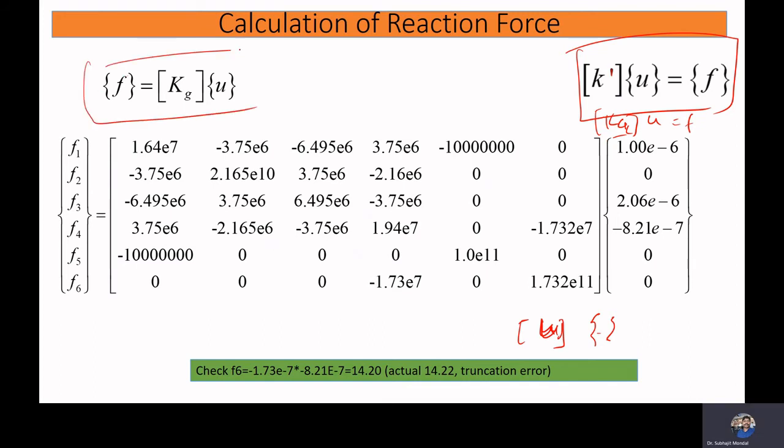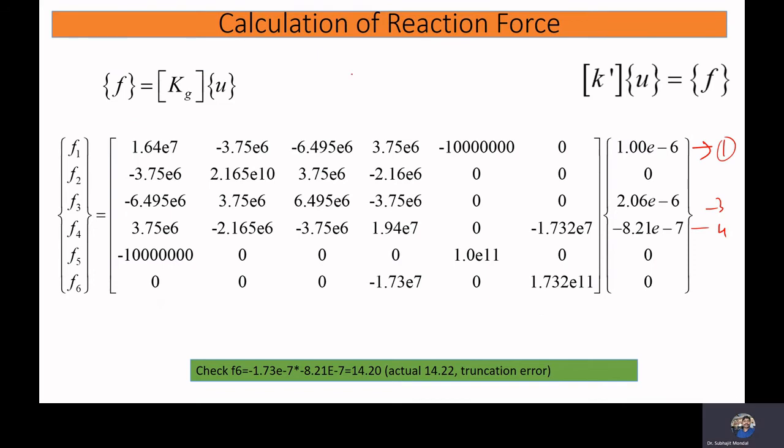Now what we can do, we can directly put in our global stiffness matrix along with the constants, and we can apply our compatibility conditions to get the solution. We can apply compatibility conditions to get the forces.